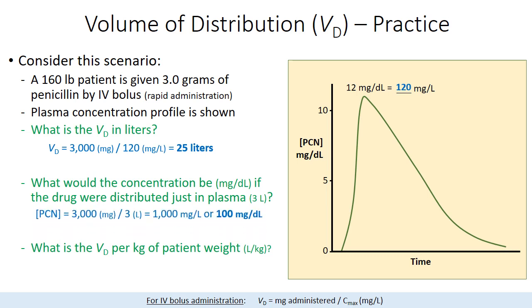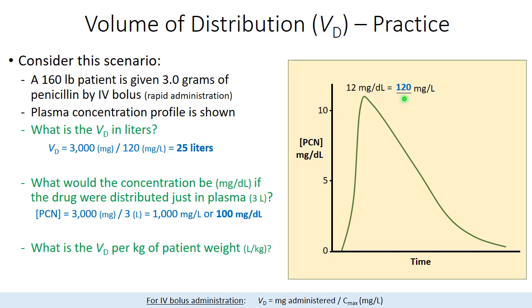The answer is 3,000 milligrams divided by 3 liters equals 1,000 milligrams per liter, or 100 milligrams per deciliter. So if the only compartment this was distributing in was plasma, the answer would be 100 milligrams per deciliter.